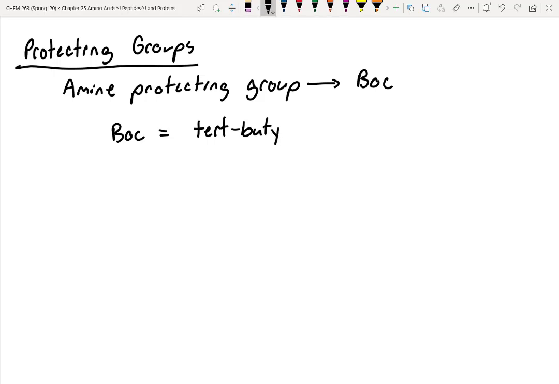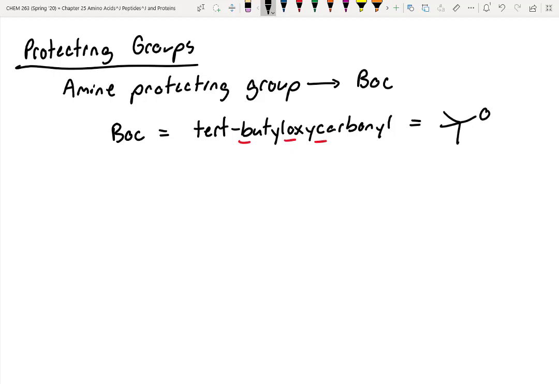Sorry, tert-butyl oxy carbonyl. So you can kind of see the BOC in there. It's a lot easier to write out BOC than to try to explain what it is. But another way of thinking about this is it's got a tert-butyl group, which looks like this.